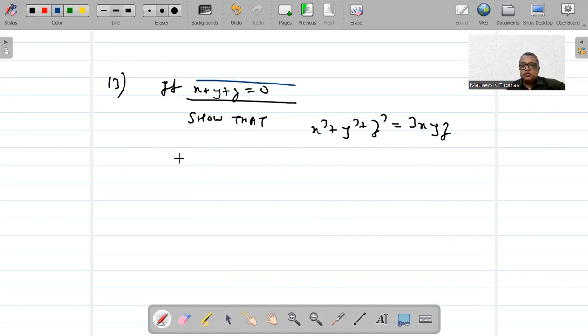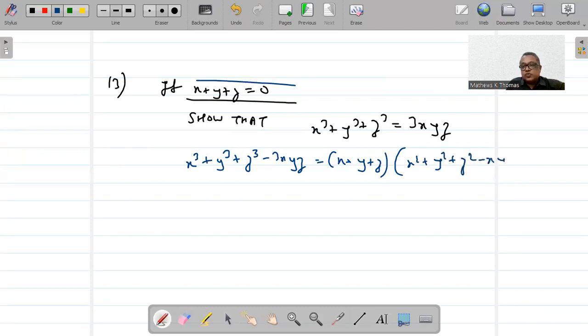How can we make use of this condition? We can use this identity which we did just now, that is x cube plus y cube plus z cube minus 3xyz. We know this identity as (x plus y plus z) in one bracket, (x square plus y square plus z square minus xy minus yz minus zx). So we are normally using this identity.